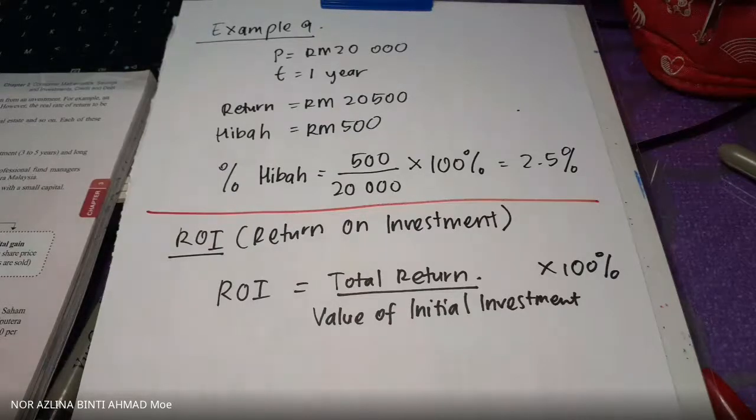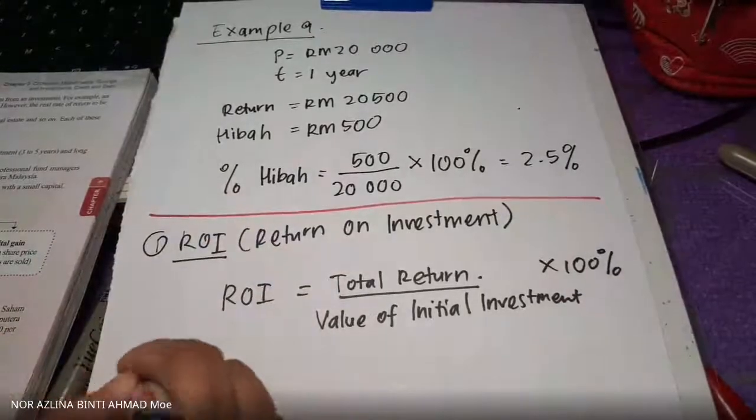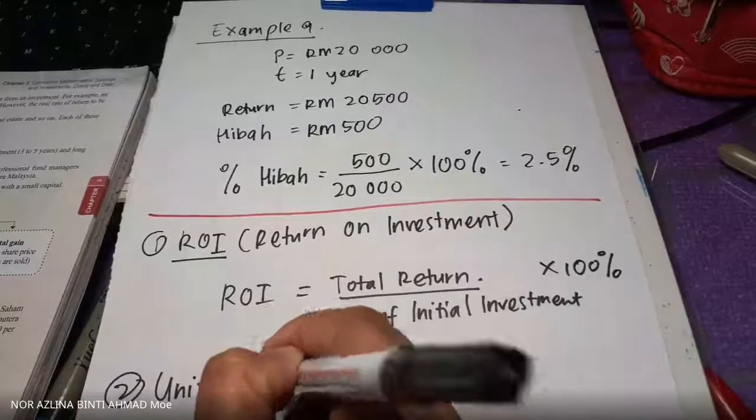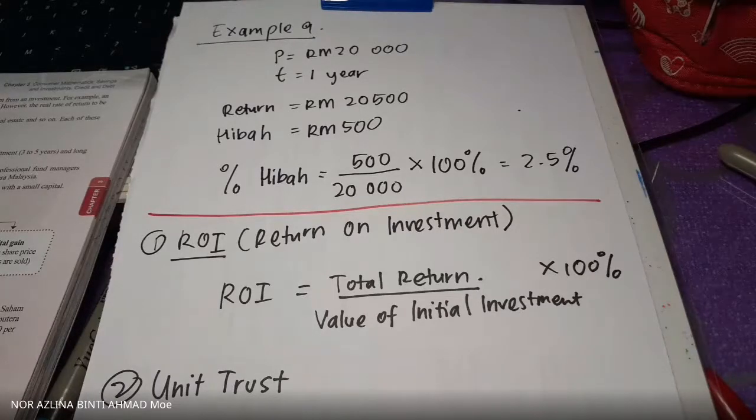Okay, next, unit trust. This is ROI, now is unit trust. Unit trust is a good investment alternative for medium-term investment, 3 to 5 years, and long-term over 5 years.